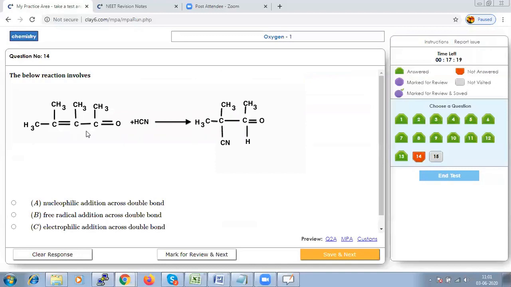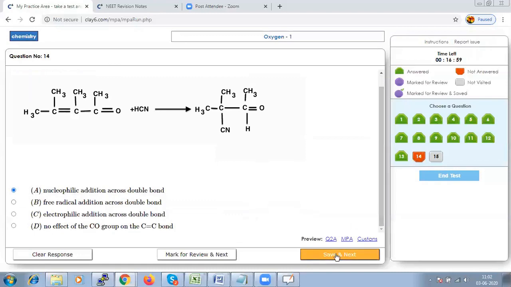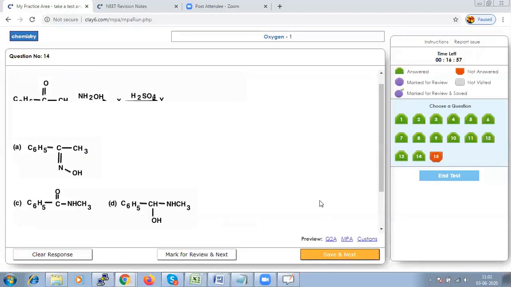So a nucleophilic addition reaction across the double bond is taking place. So option A. It is a very simple question because by visualization itself we could say it is an addition reaction. Let us save that and go to the next.